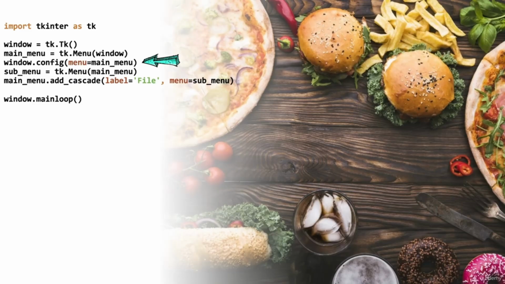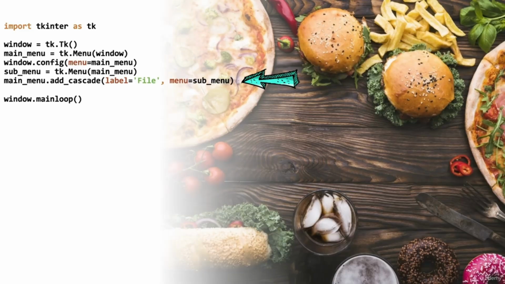If we launch our code in its current state, we will simply see an empty window. What we need to do is to create a submenu. As you can see, as we have created our submenu, our menu object has been placed as its argument and not a window. In order to place our submenu on the main menu, we have to use the add_cascade method, which contains the following arguments.